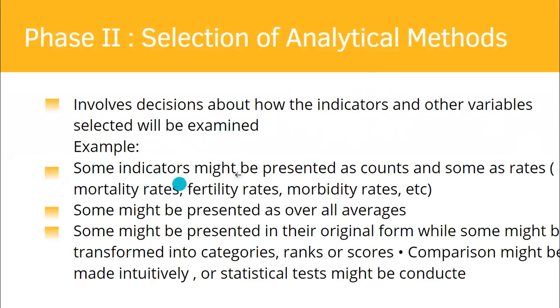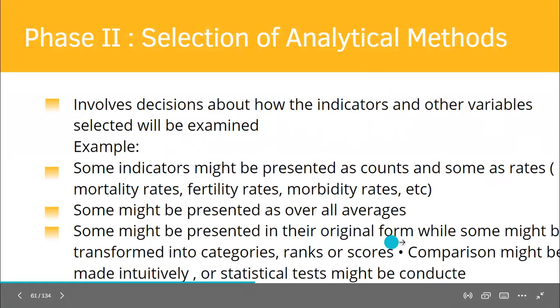Okay? So some indicators might be presented as counts and some as rates. So we have mortality rates, fertility rates, and morbidity rates. And some might be presented as just an average. And some might be presented only in their original form, while some might be presented into categories, ranks, or scores.